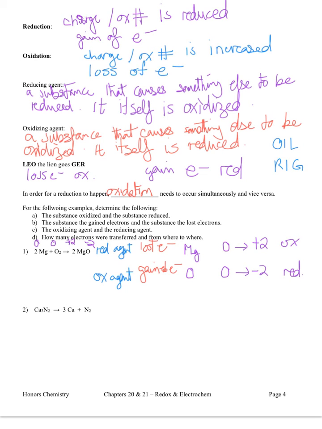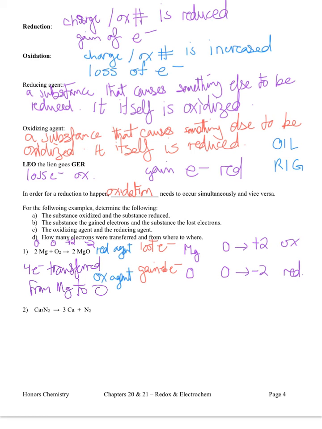The number of electrons lost by the magnesium needs to equal the number of electrons gained by the oxygen. So 4 electrons were lost from the magnesium and went to the oxygen. So let's write that down. 4 electrons transferred from magnesium to the oxygen.